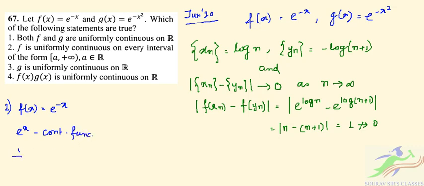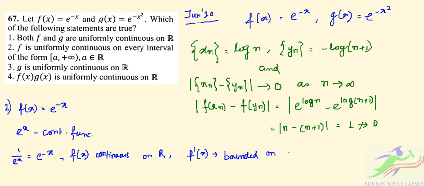So 1 by e to the power x, or e to the power minus x, that is f(x), is a continuous function on R, and f prime of x is also bounded on the semi-closed interval [a, infinity), where a is an element of the real numbers, with mod of f prime x less than or equal to M, where M is greater than or equal to 0.